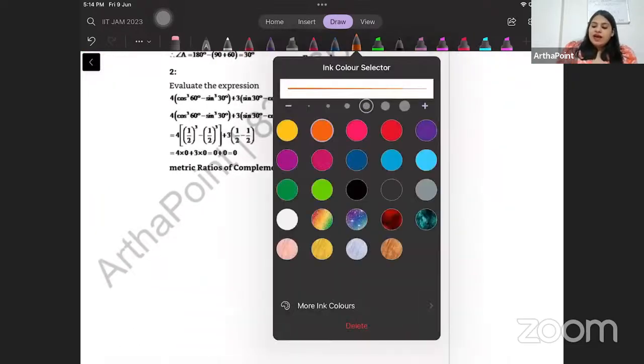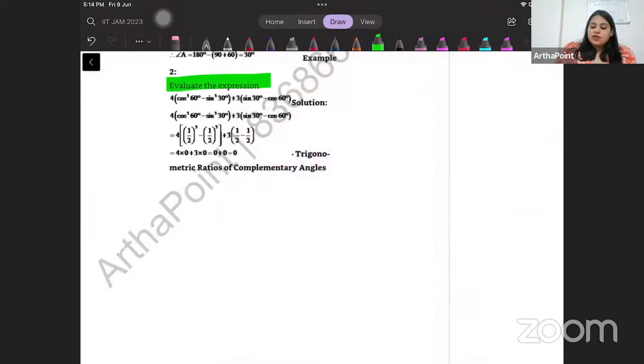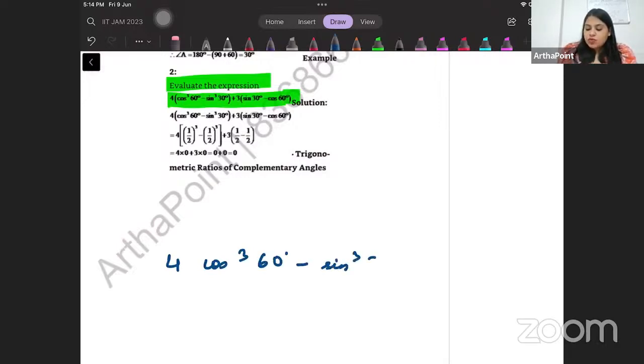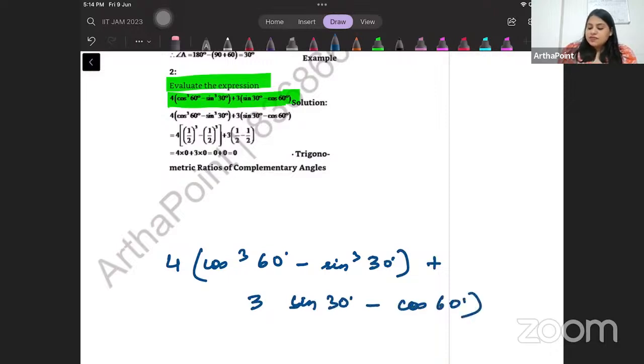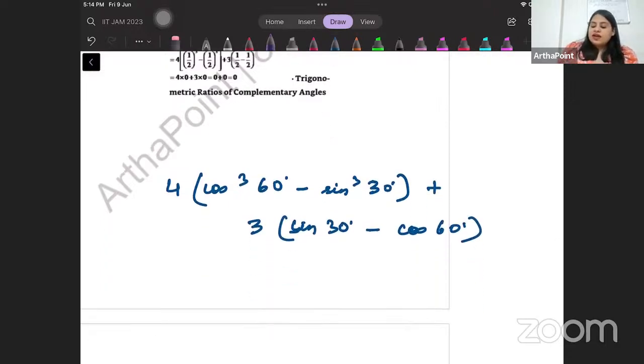Okay. Evaluate the expression: 4 cos cube 60 degree minus sine cube 30 degree plus 3 sine 30 degree minus cos 60 degree. You need to go ahead and evaluate this expression.